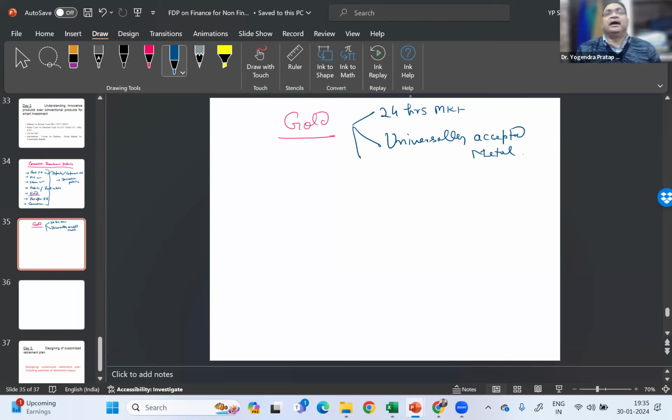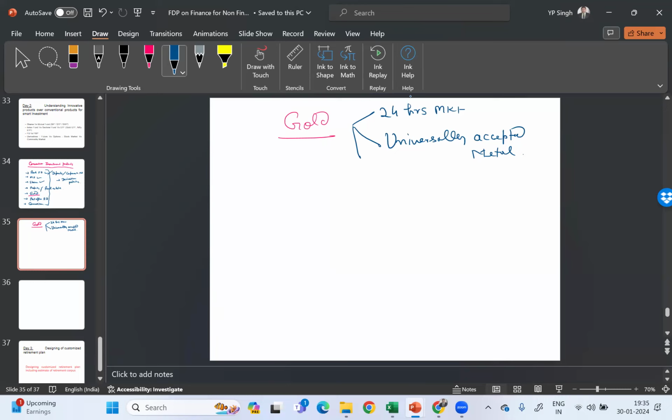Means if you have gold, you go to any country and it will give you the purchasing power. If you don't have foreign currency, if you don't have local currency, just surrender the gold, have a transaction, purchase any of the resources. This is the universally accepted metal.